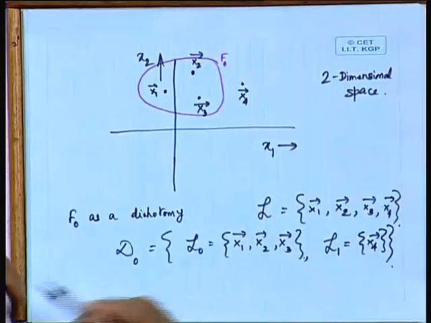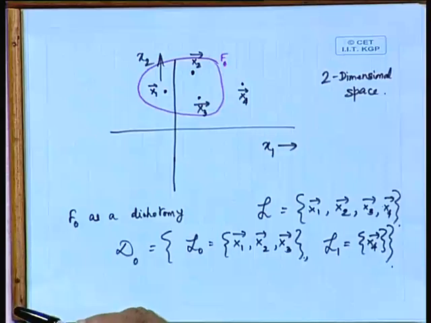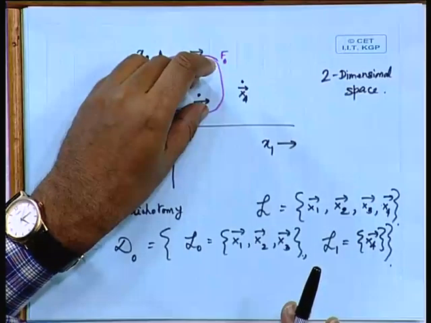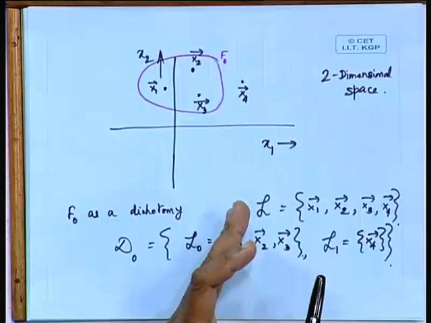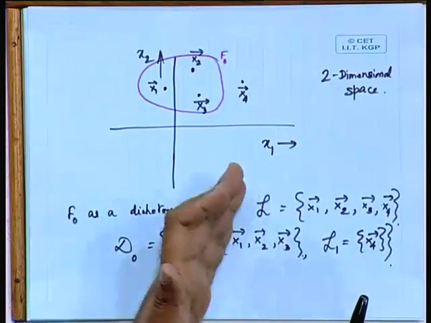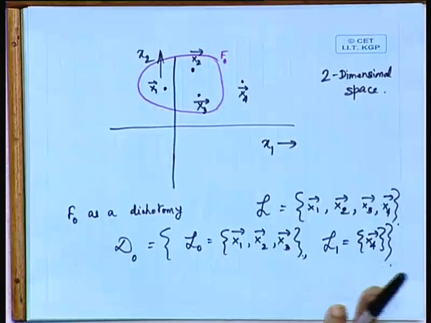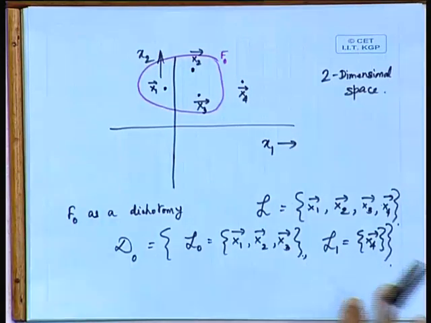So now you get at least some idea about what a dichotomy is. This is one dichotomy that simply specifies a decision boundary: if a pattern is within this, it belongs to the set L0, and if it is outside this, it belongs to L1. This way pattern classification is done.